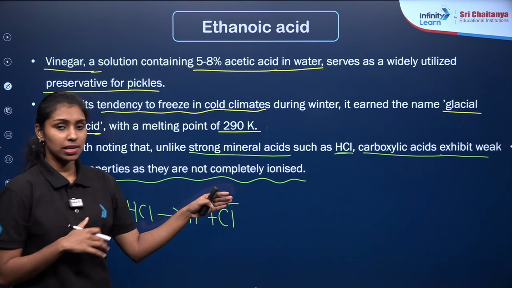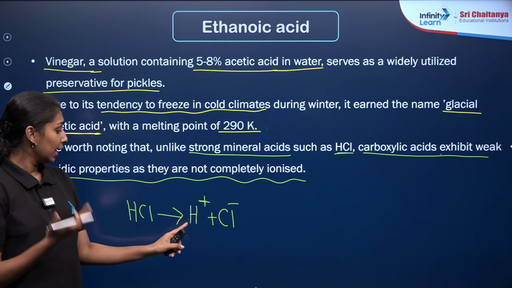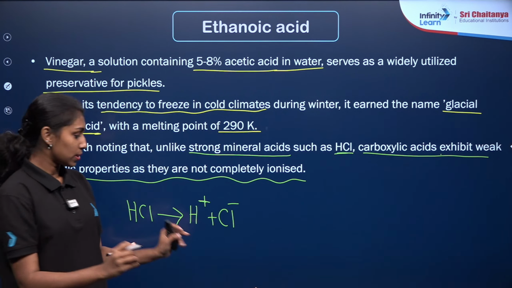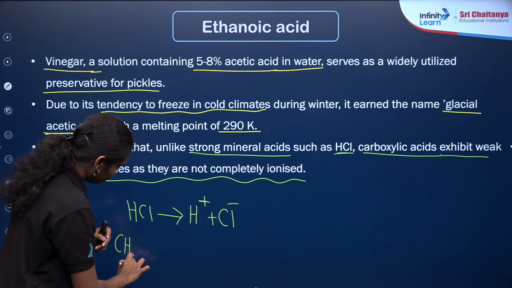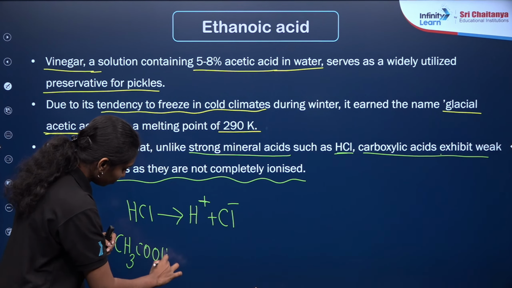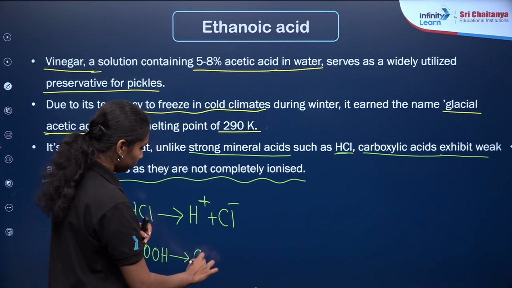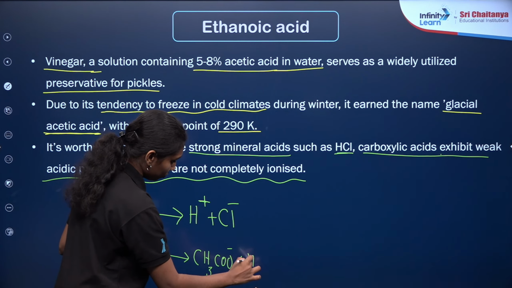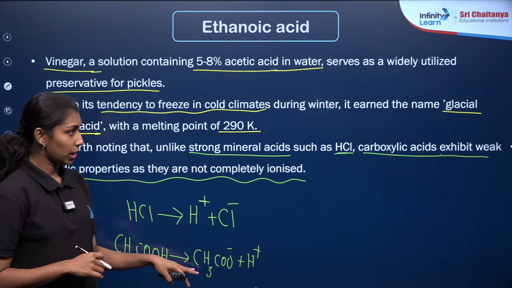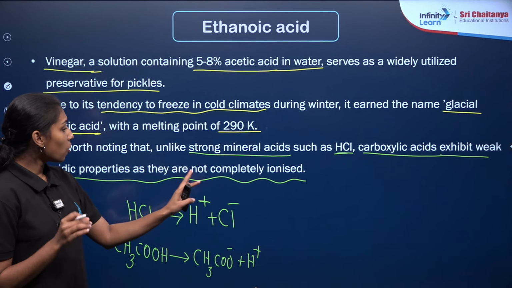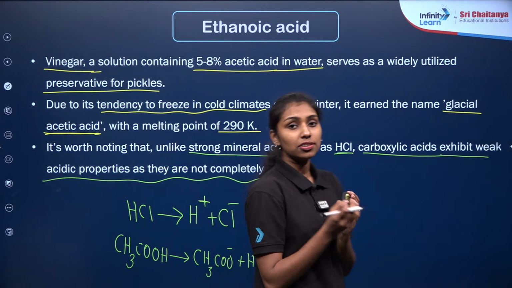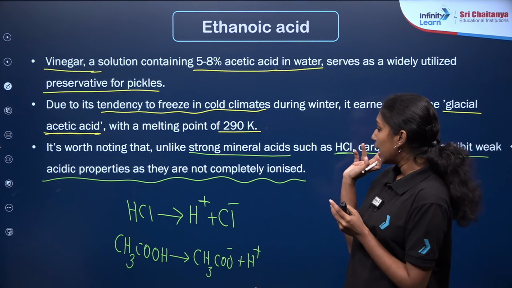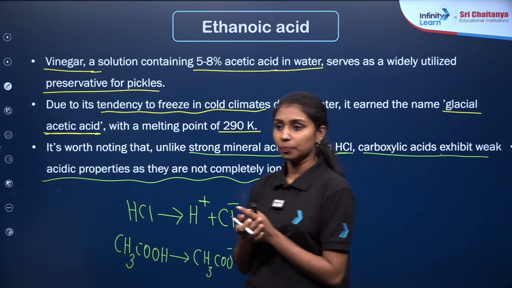But in the case of CH₃COOH, we expect it to dissociate into the acetate ion, CH₃COO minus, plus H plus ion, but in actual practice it is not completely ionized. That's why it acts as a weak acid here.